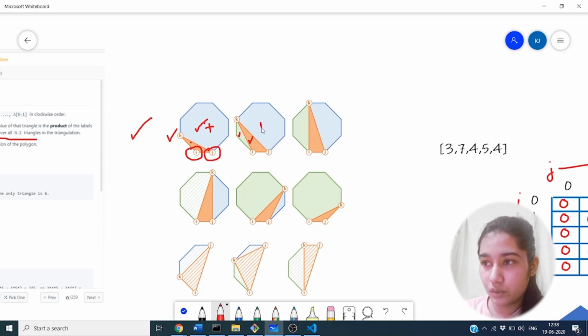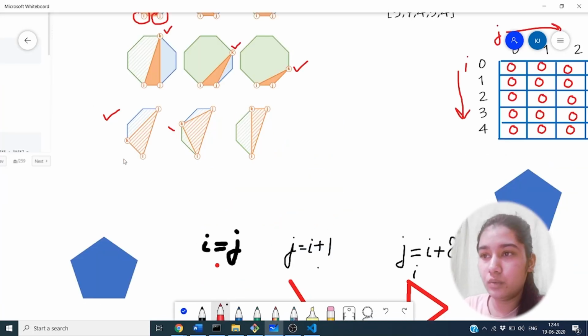Now we need to do the recursive call to calculate the remaining polygon's value and find the minimum possible value. We need to iterate k's value up to j, and we are going to store each value in the DP table, compare the values and return the minimum value possible.